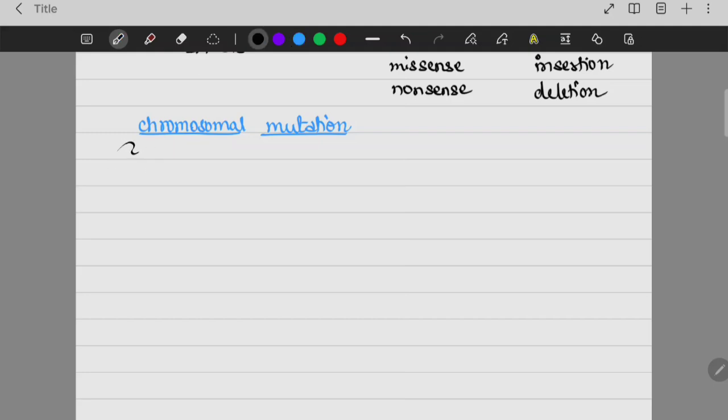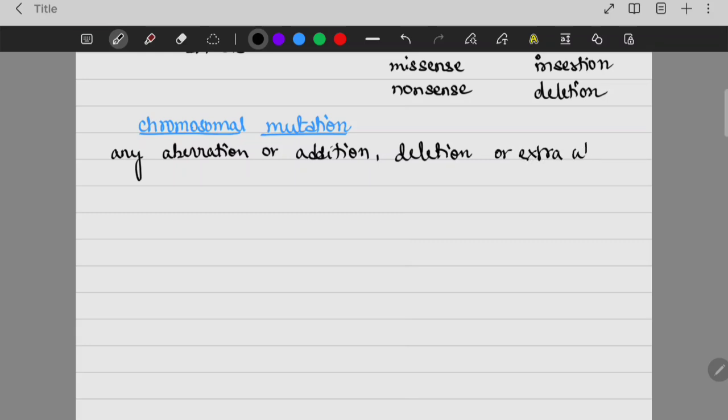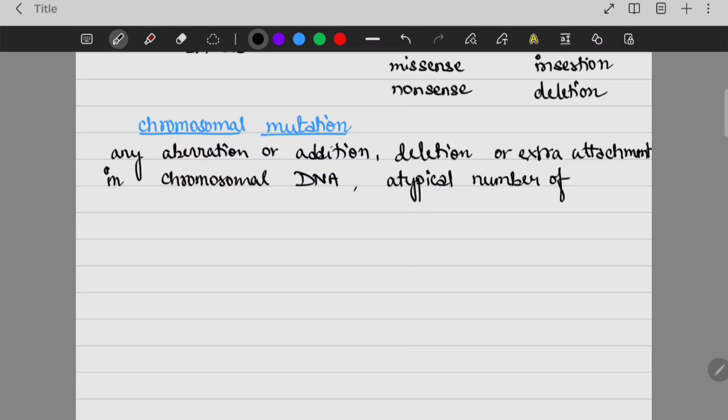So I should write this point: any aberration, addition, deletion, or extra attachment in chromosomal DNA. This leads to an atypical number of chromosomes or may have structural abnormality.